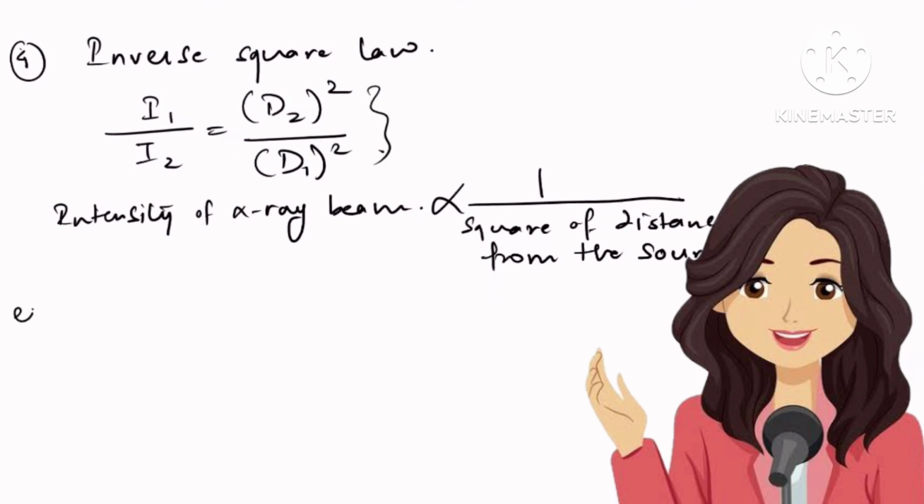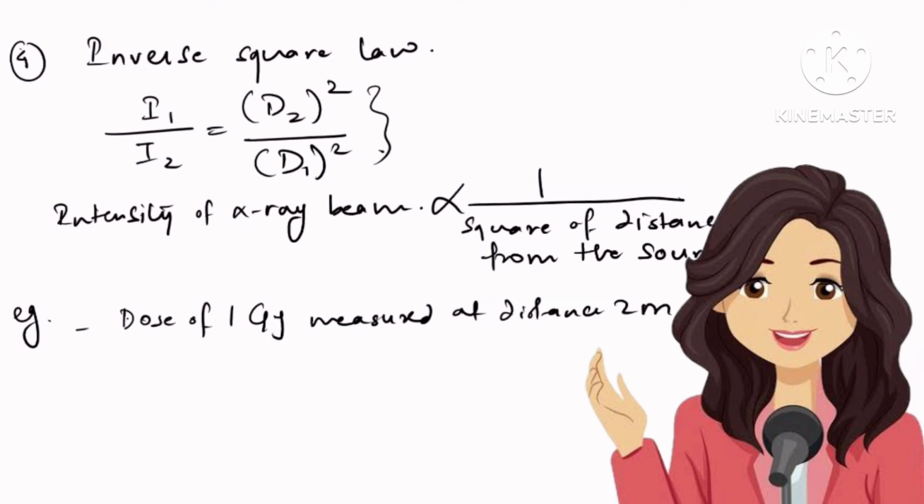Say, for example, a dose of 1 gray is measured at a distance of 2 meters.